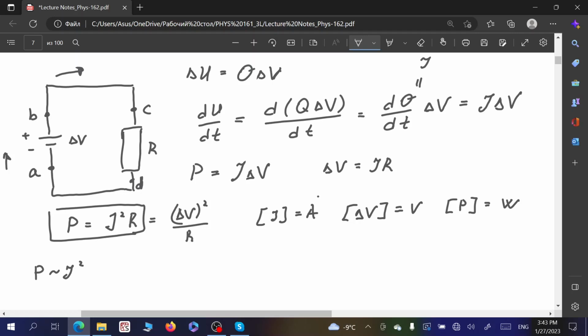We have shown that the electric power dissipating over a conductor is equal to the product of I squared and R, the resistance of the conductor. That is an important equation, the expression for Joule-Lenz heat dissipating on a conductor through which electric current is flowing, so you should definitely remember it.